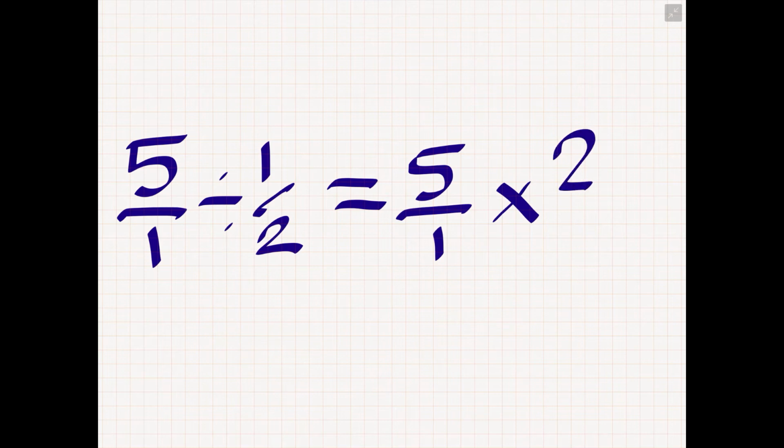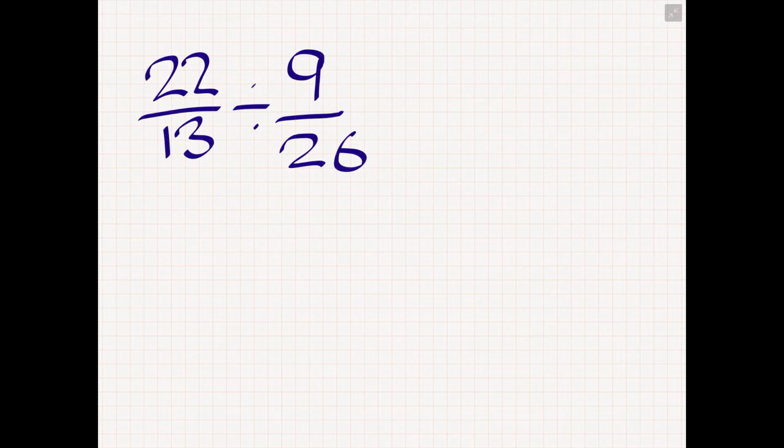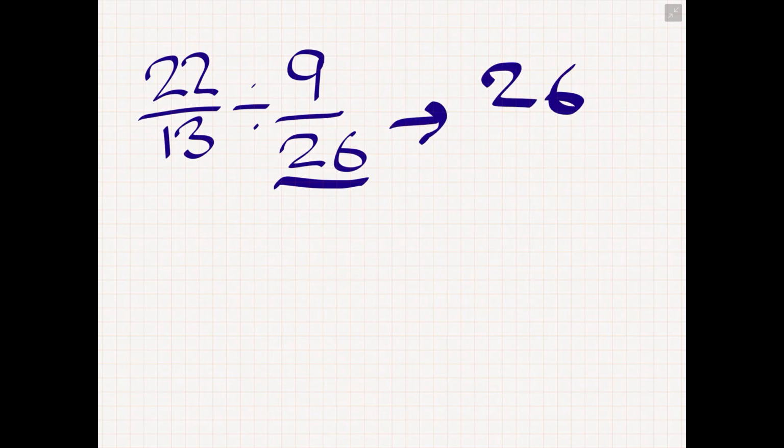So now we can go back to our original problem again, which was 22/13 divided by 9/26. And so, as we've just explained, the next process is to take the denominator, which is 9/26, and we flip it, and this will give us 26/9.